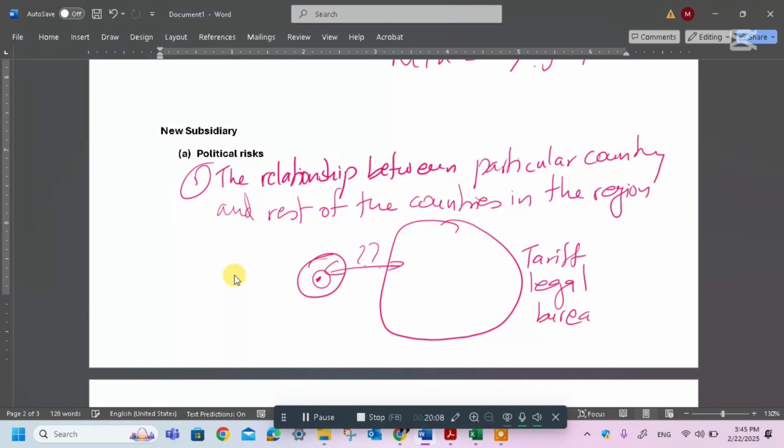There can be bureaucracy issues. So what would have been the better solution? Rather than setting it up here, go to a country within this free trade zone and set it up there. Even though the country may not be as welcoming as this country, your sales would have been easy within the free trade zone. So highlight that point politically.